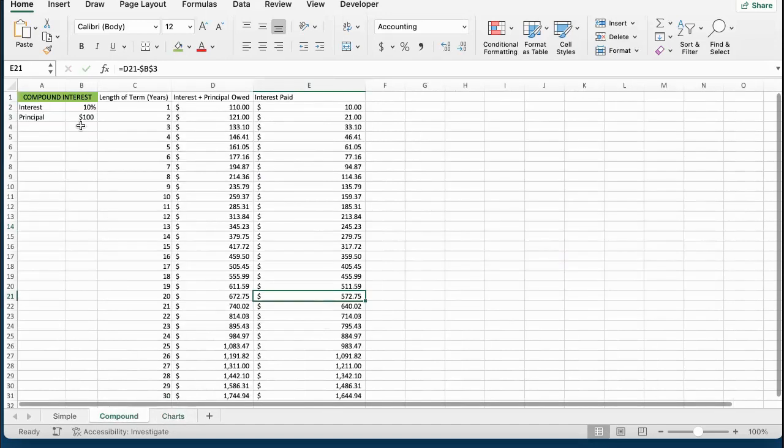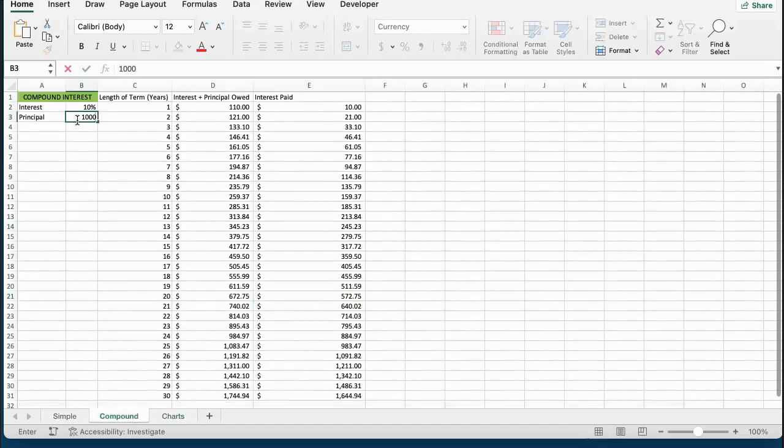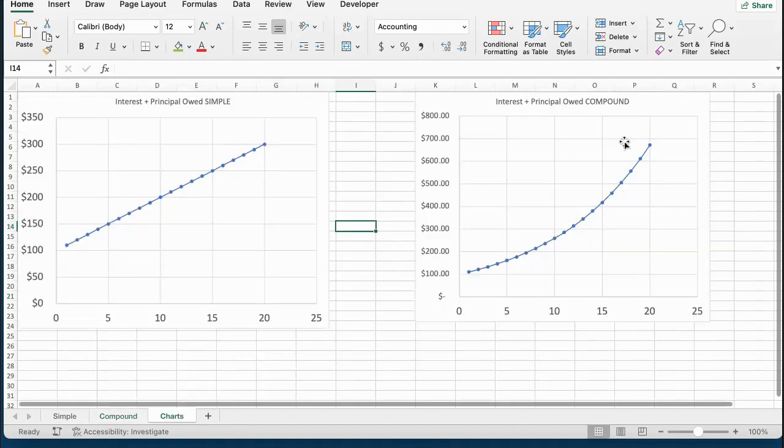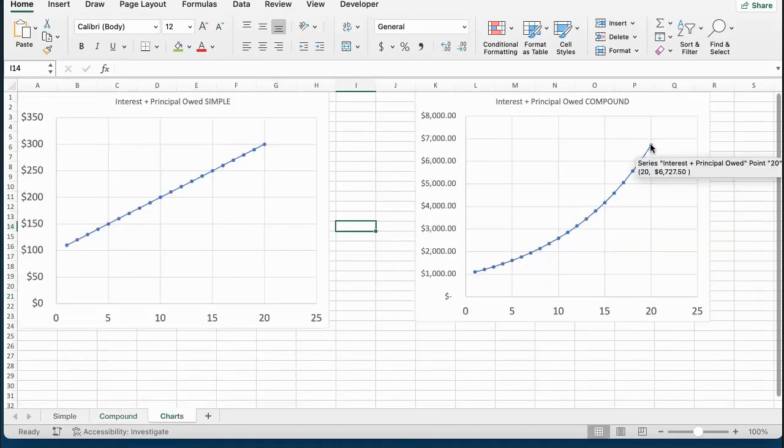And let's say instead of $100, you invest $1,000. On $1,000 after 20 years, you'll have almost $7,000. Right? So either you can have the interest work on your behalf, or you can have interest work against you and completely destroy your finances.